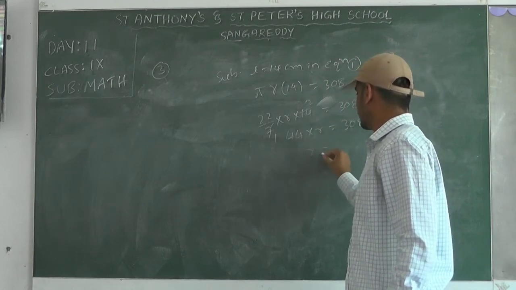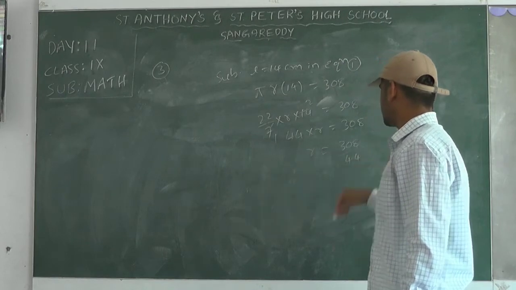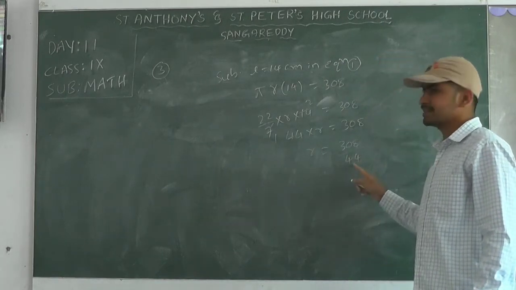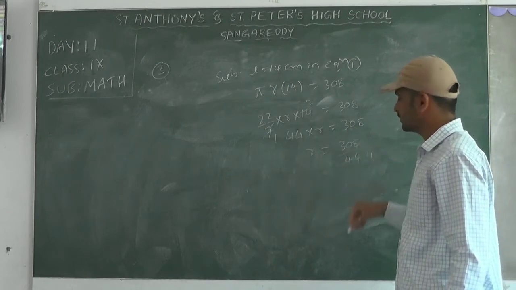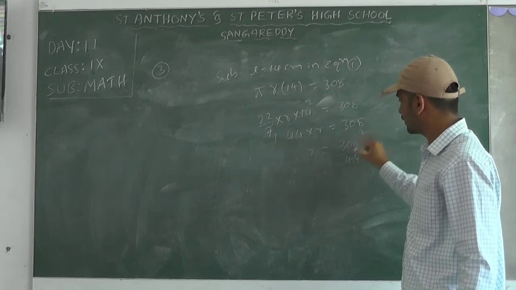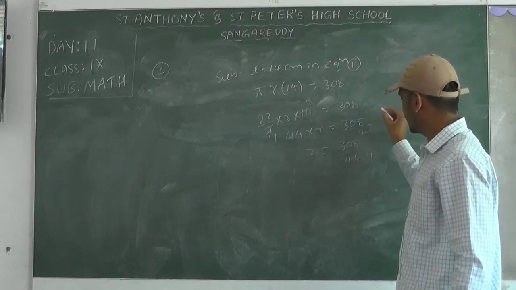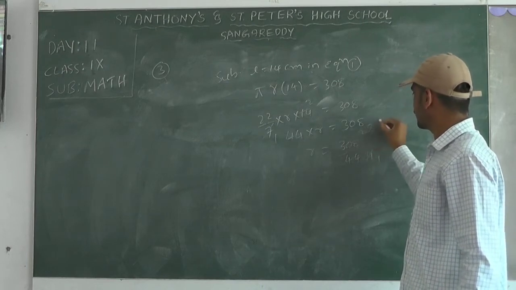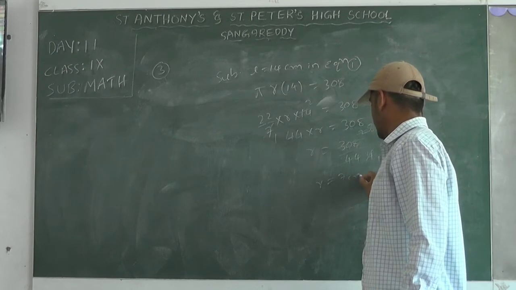Then radius equals 308 by 44. Check for cancellation with the 11 table: 11 fours are 44, 11 twos are 22, still 8, 88. 11 eights are 88. 4 ones are 4, 4 sevens are 28. So r equals 7 centimeters.